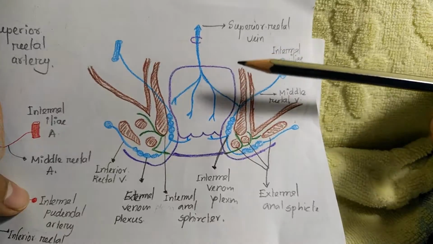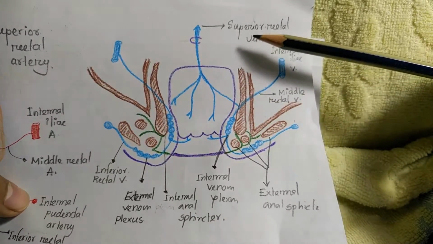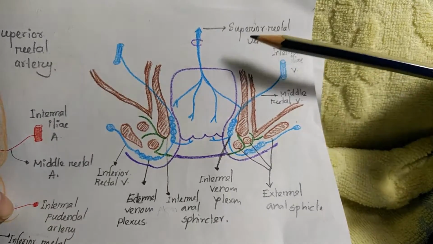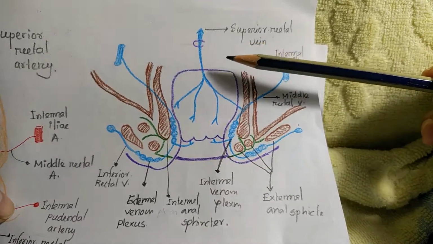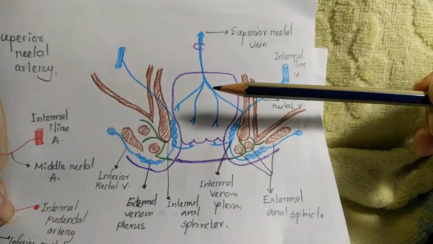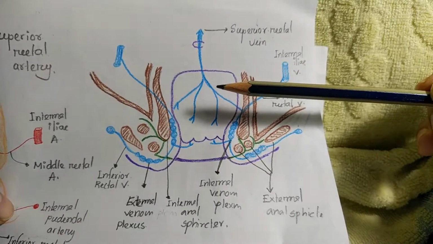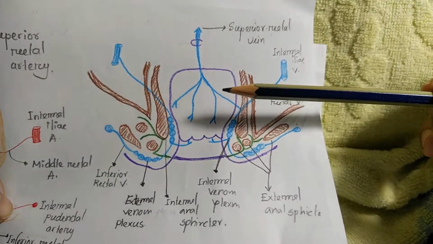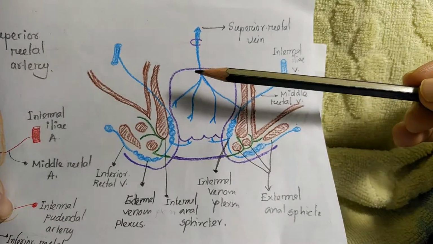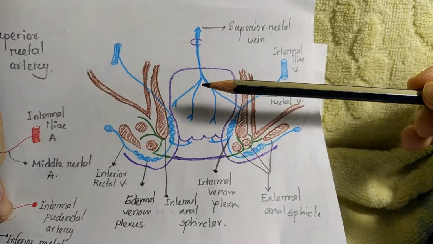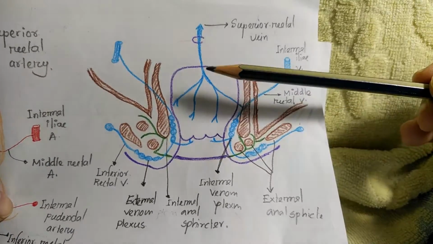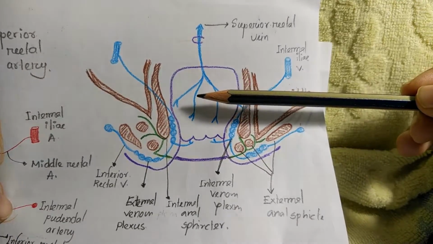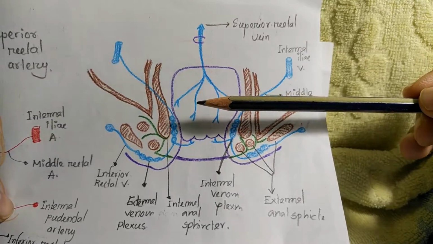The superior rectal vein has 3 branches. It goes posterior to the rectum and gives one branch to the left side, that is the left lateral branch. One branch goes to the right lateral branch, and one branch is the anterior branch.